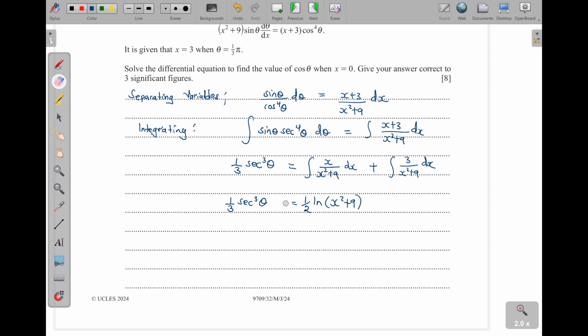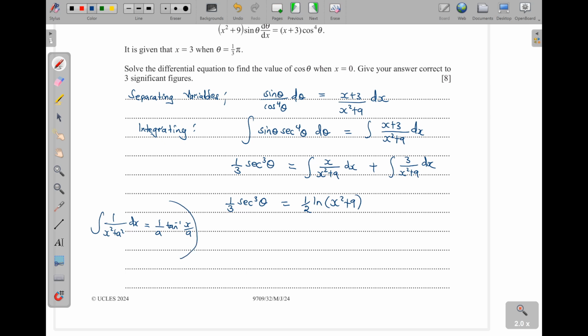Then after that, we can go to the other one. Now, if you integrate 1 over x squared plus a squared with respect to x, it is given in the list of family. So you get 1 over a, then the arctan of x over a.